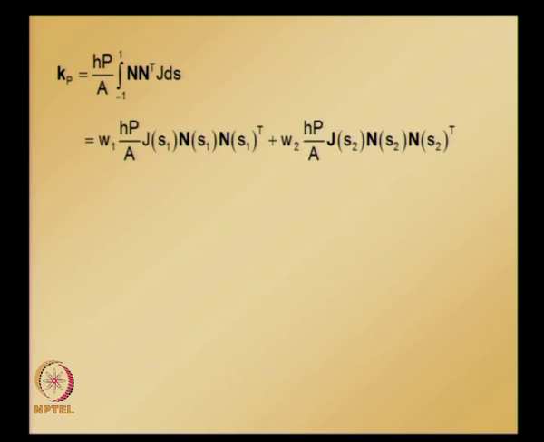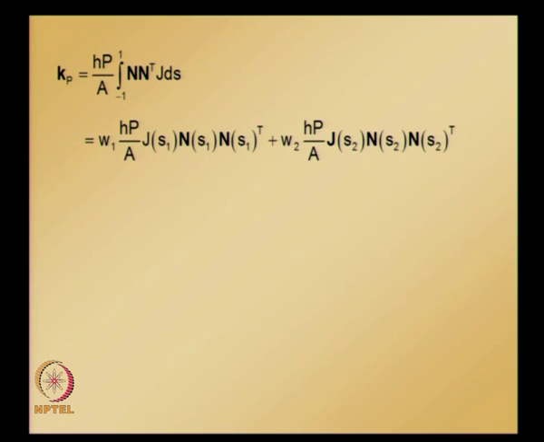And now the second integral, which is kp, can also be evaluated using 2 integration points. The details are given here: weight times integrand value at integration point 1 plus weight at the second integration point multiplied by integrand value at the second integration point.